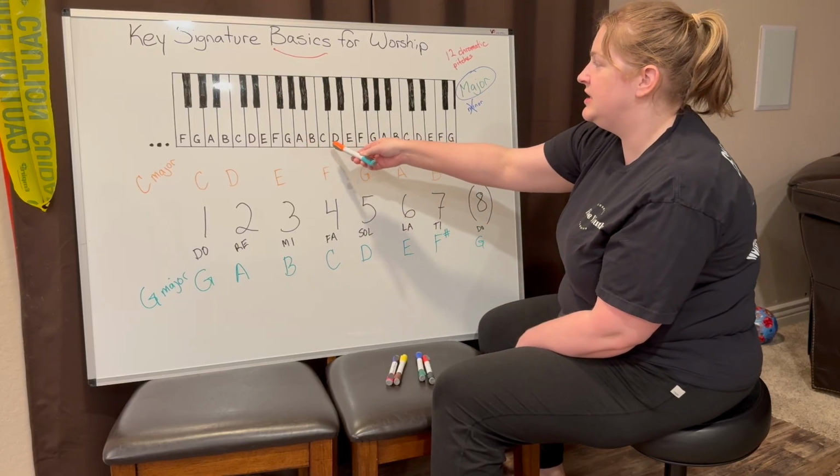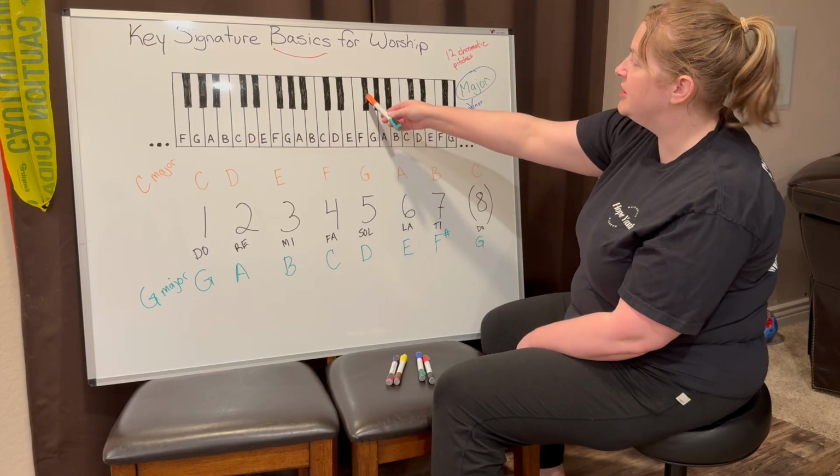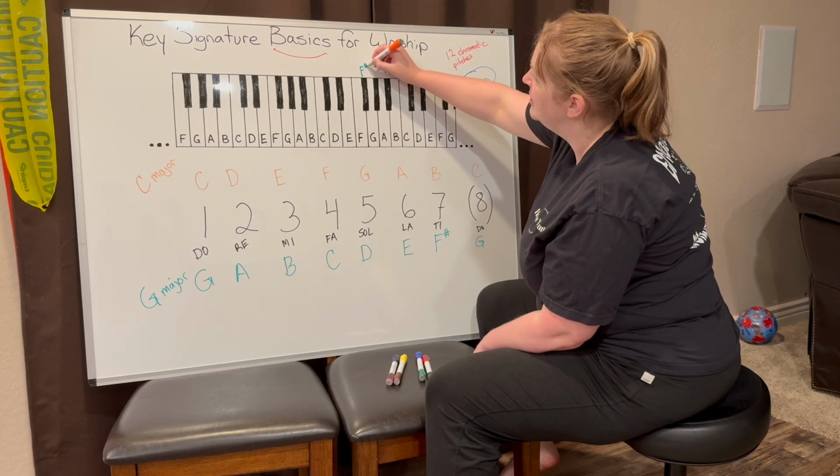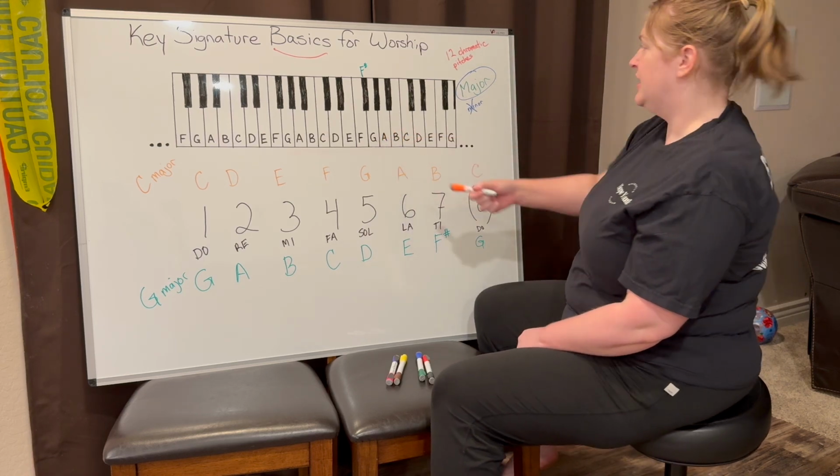G, A, B, C, D, E, and then we jump up to this little guy here, which is your F sharp, and then we're back at our G again.